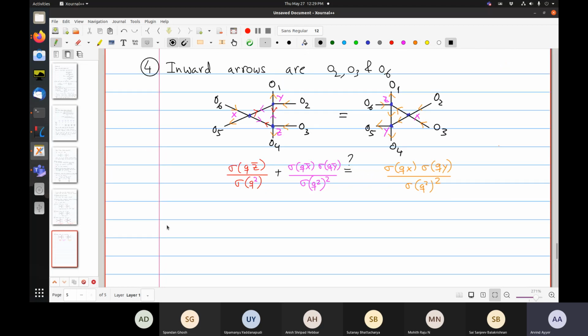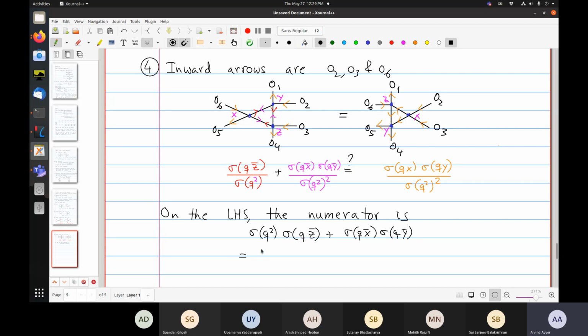So let's look at the left hand side. Let's compute the numerator of the left hand side. So on the LHS, the numerator is sigma q squared sigma qz bar plus sigma qx bar sigma qy bar, and now let me simplify this quickly.